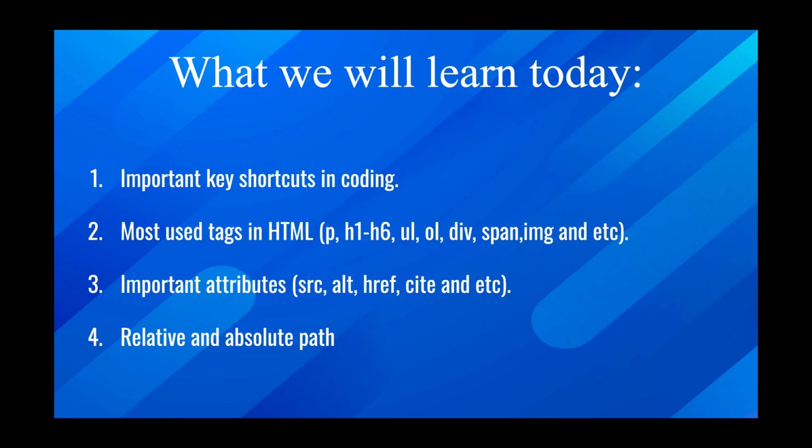Then I will explain the most important tags like paragraph, headers, ordered list, unordered list, and so on and so forth. I will explain what an attribute is and the important attributes, and I will explain relative and absolute paths. So without losing time, let's move to Visual Studio and I will explain the code.